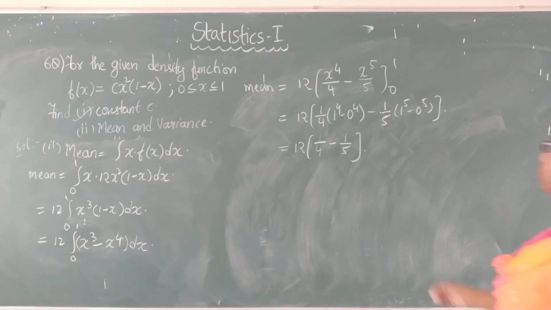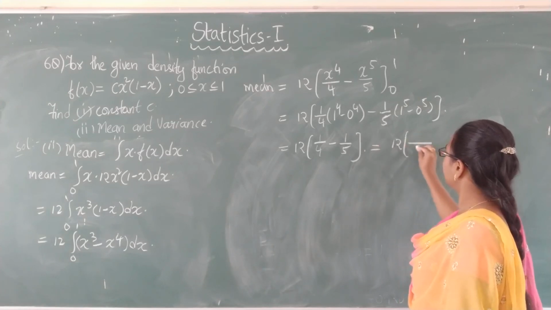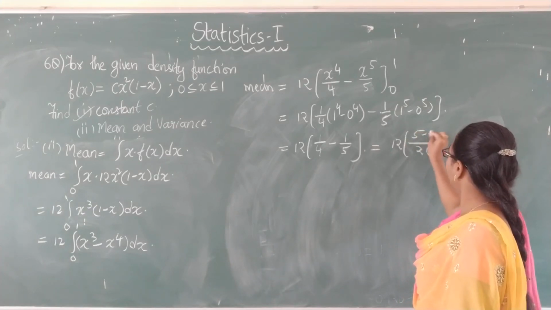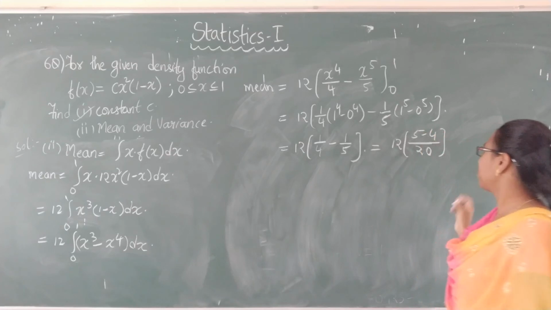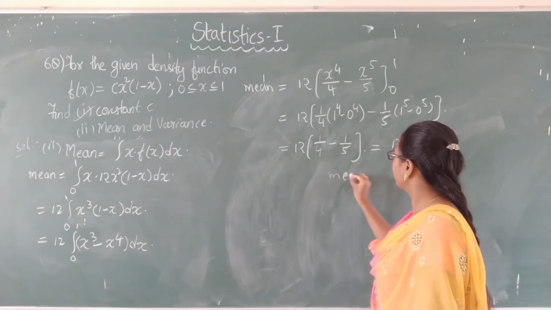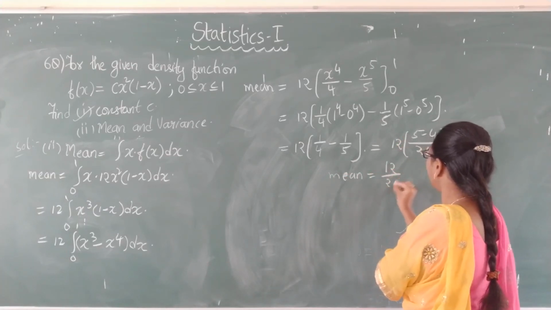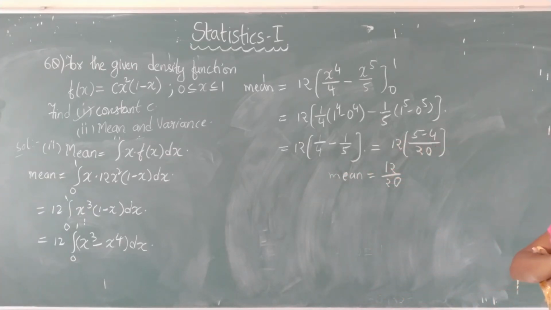So 12 into, LCM is 20. So 5 minus 4. What is 5 minus 4? 1. So you will get mean equals 12 by 20. 12 by 20 you can cancel with the 2 table, and you will get the value 6 by 10.